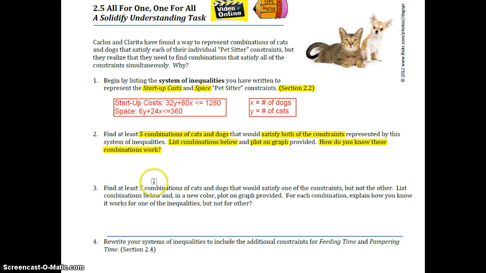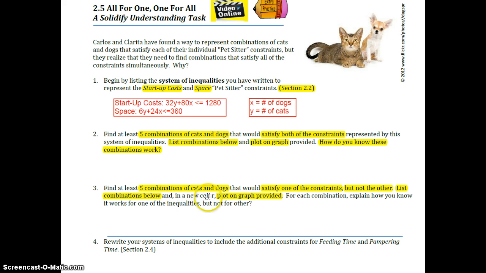Then for problem 3, you have to find 5 combinations of cats and dogs that satisfy one of the constraints, but not the other. So you have to list the combinations below, and you're going to plot them on the graph provided.